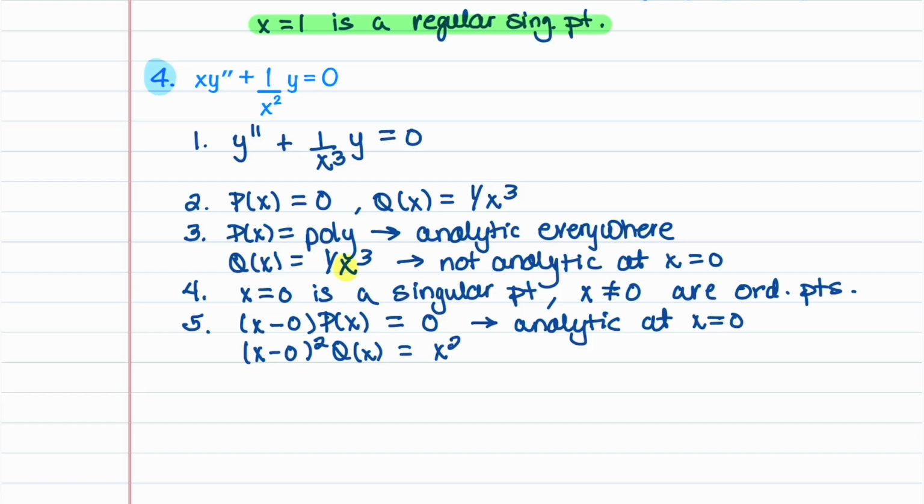This is x squared times 1 over x cubed, and this is 1 over x. This function is not analytic at x is equal to 0. Because this function is not analytic at x is equal to 0, our point x is equal to 0 is called an irregular singular point.